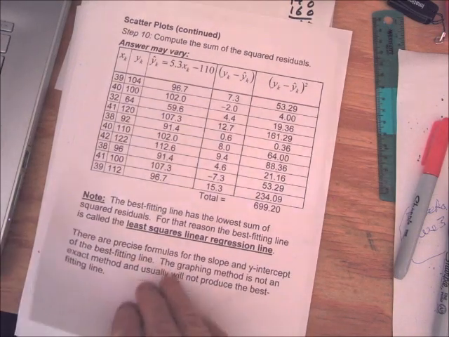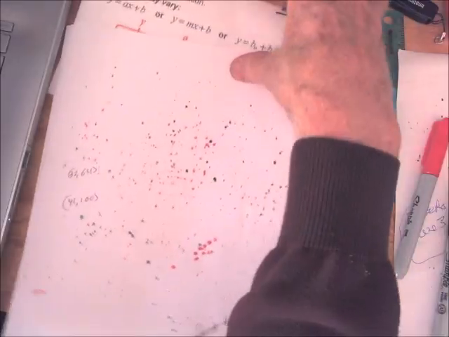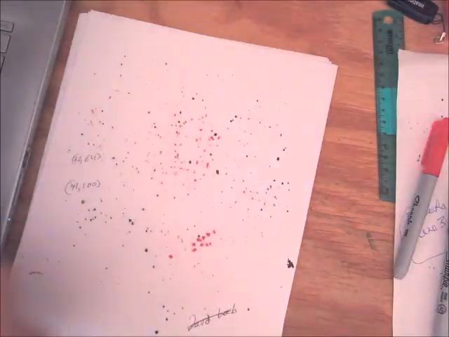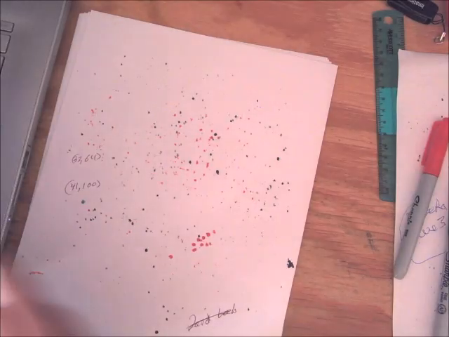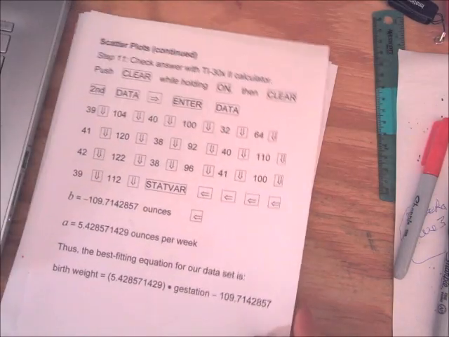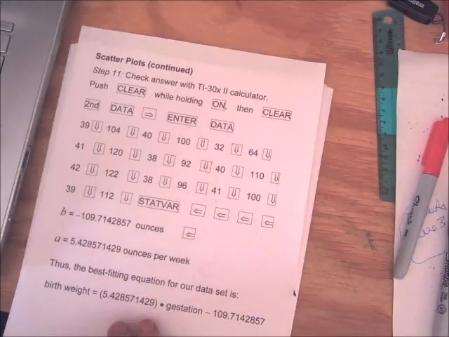Okay, so here's a calculator program. We'll get into using the formulas to get the best fitting equation. There's also a calculator program that does that, and it's this sequence of keys.